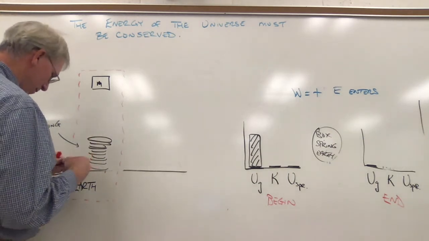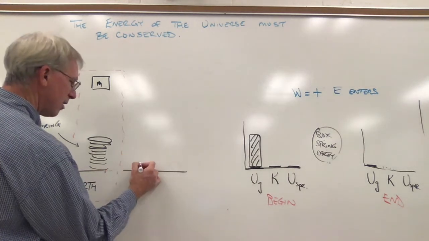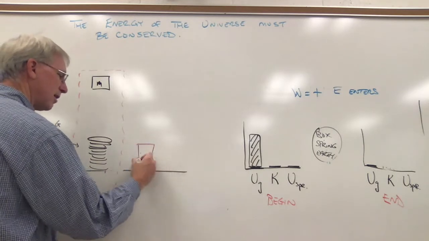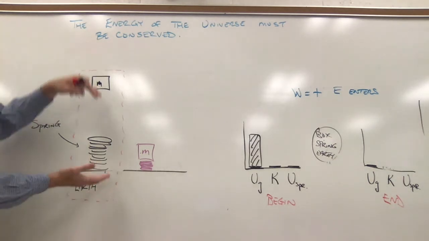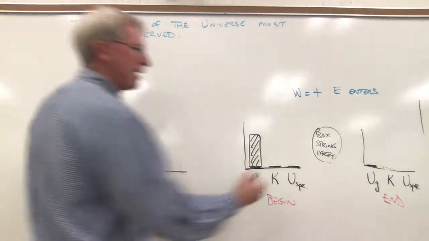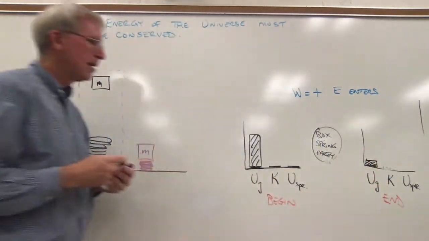I'm going to draw you an after picture. So afterwards, the spring is going to get squished, and my box is going to be here. So clearly, the mass and the Earth are now closer together, so they don't have as much stored energy as potential. So let's draw a small potential energy box there.